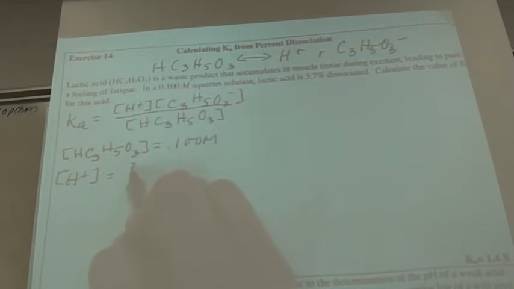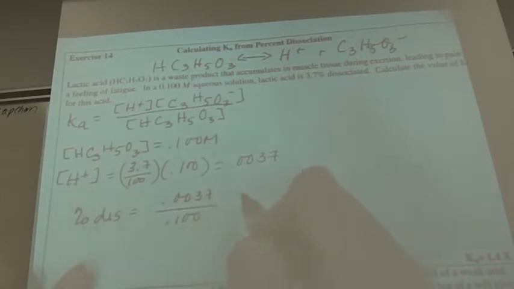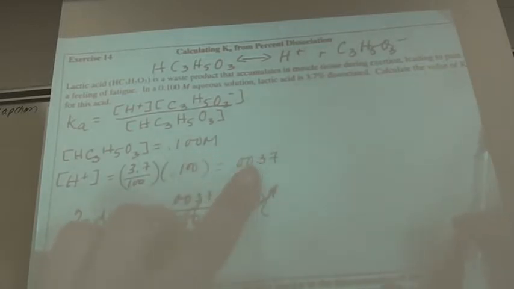So that would be 3.7 over 100 times 0.1, which is equal to 0.0037. Okay. So the percent dissociation is equal to 0.0037 over 0.1 times 100%. What am I doing? I was doing some problem that wasn't asked for. It's asking for the Ka. Just going on autopilot.